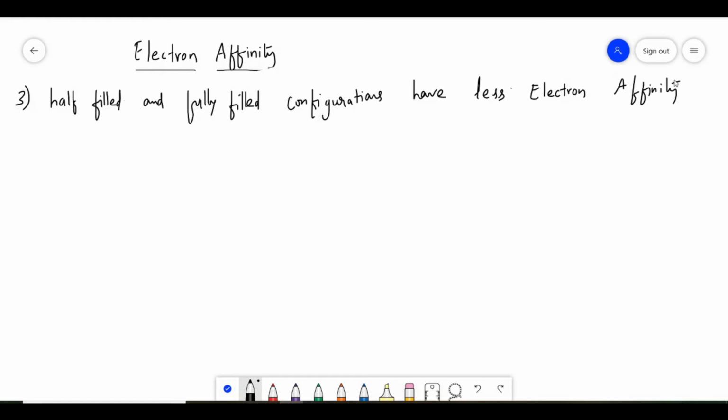So if a configuration is half filled or completely filled, then it has less electron affinity.